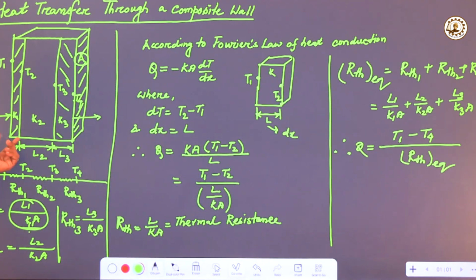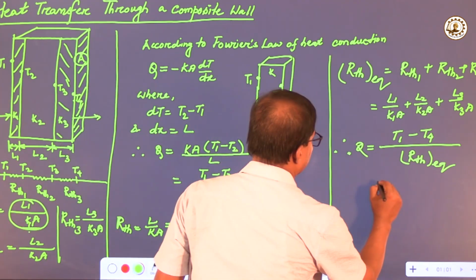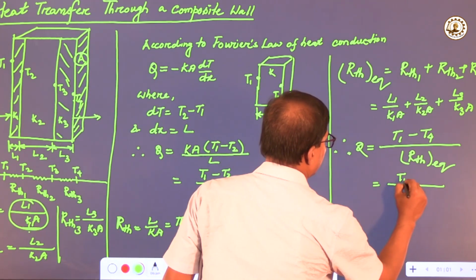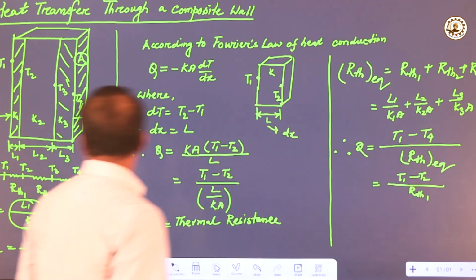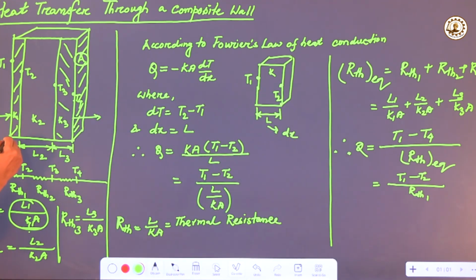Now if we consider individual layers, then Q will be equal to T1 minus T2 divided by R thermal resistance 1 when we consider this layer. So thickness is equal to L1 and its thermal resistance is R thermal 1.